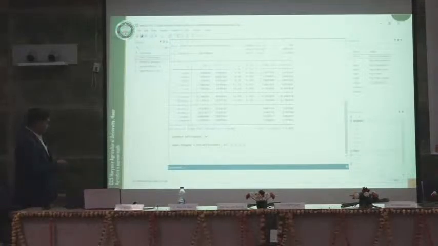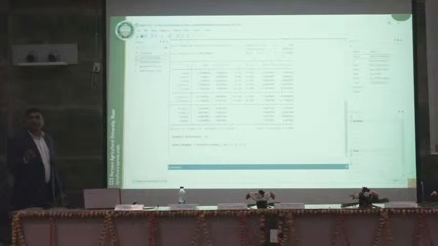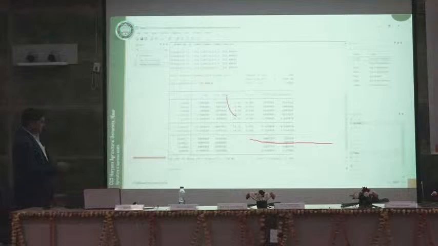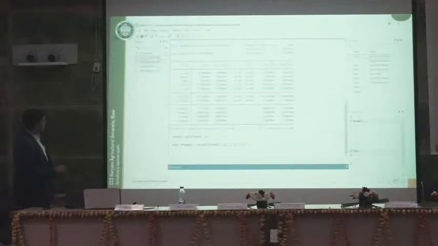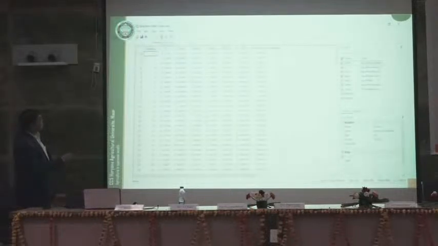So now how to predict the efficiency? This is the command: predict efficiency, and then TE means technical efficiency. Okay. And this is the frequency table. Now you can check this is the frequency group and this is the efficiency.